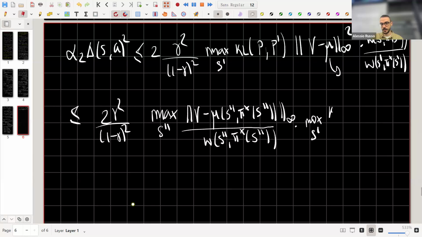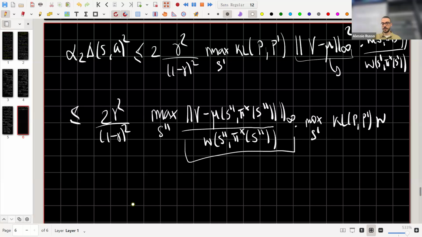That multiplies, let me just write KL P P prime, that multiplies the W, and it's this W denominator. So what we did was to split these two terms so that we multiply the KL with the numerator and we multiply the difference here between V and mu. We divide it by the W. And then we can upper bound this quantity by taking the two different maximums. One maximum over this quantity here and another maximum between the KL times the W.